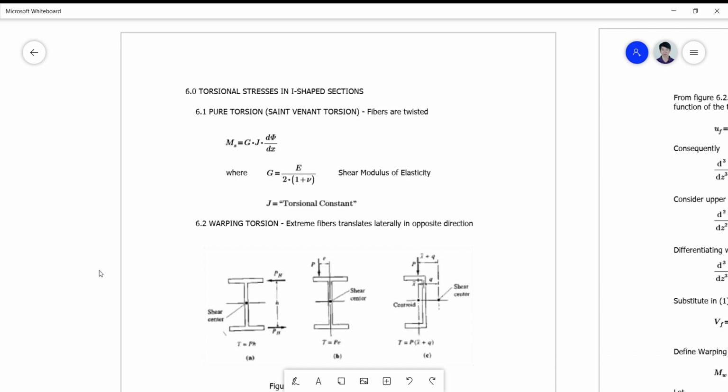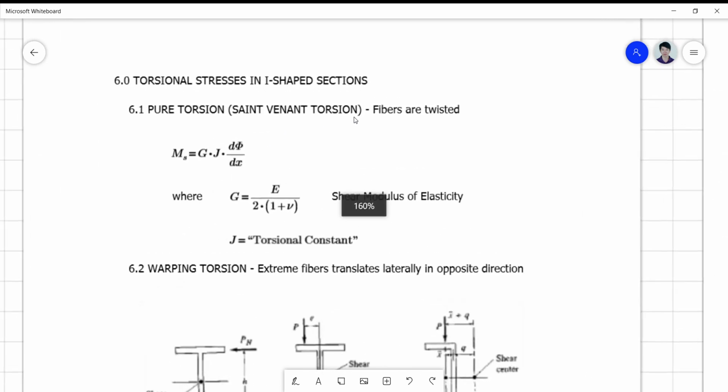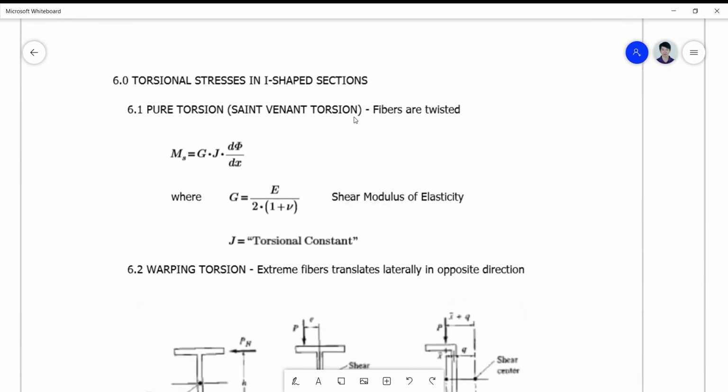Okay, so we have learned about the pure torsion proposed by Saint Venant, which is more applicable on circular shaft.